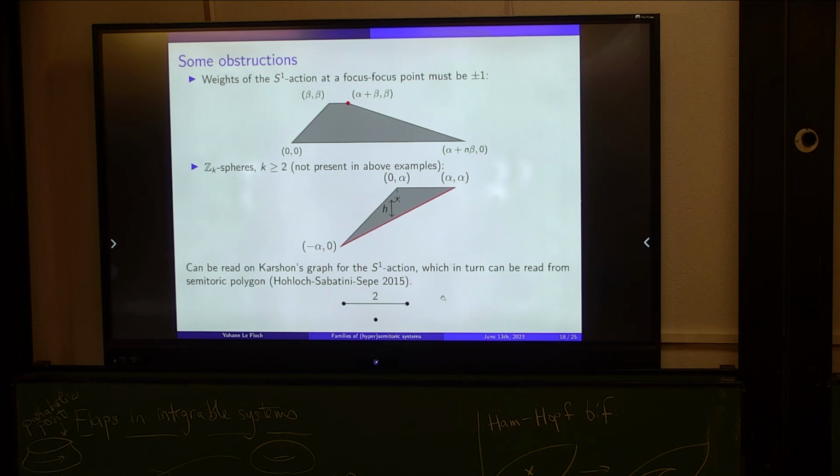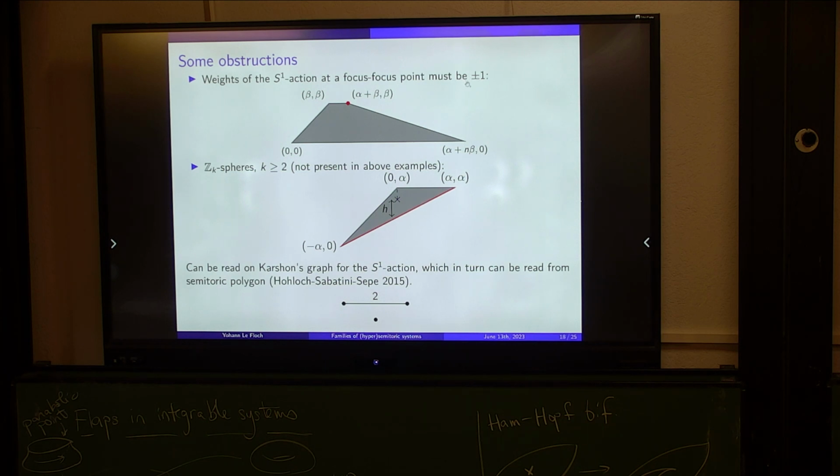So, again, we have a fixed Hamiltonian S1 space and we're varying the other Hamiltonian. And as Joey said, some important points in these Hamiltonian S1 spaces are the points with non-trivial isotropy. And the obstructions come from this non-trivial isotropy. Okay, why? First of all, because it was proved by Zung first, I think, that if you look at a focus point, as Joey said, it's a fixed point of the S1 action, and the weights of the S1 action at this point must be -1 and 1.